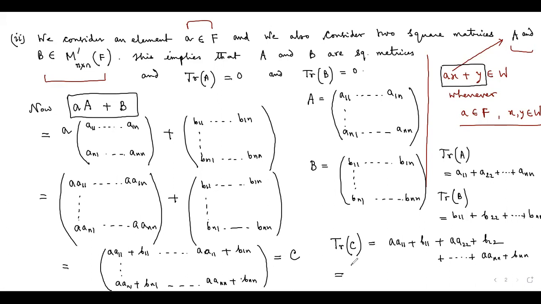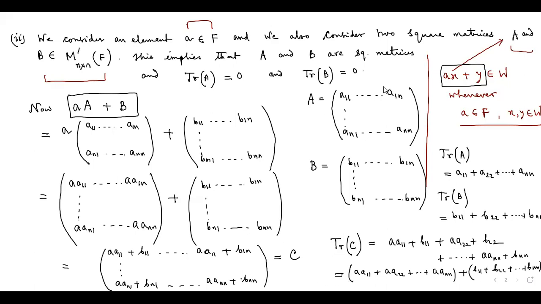Now, if I rearrange the terms, we will get a times (A11 plus A22 plus Ann) plus B11 plus B22 plus Bnn.